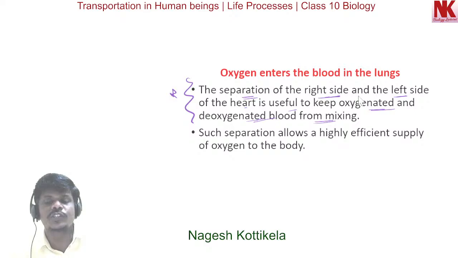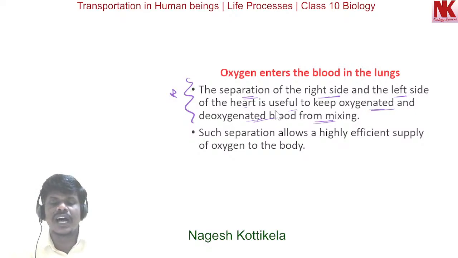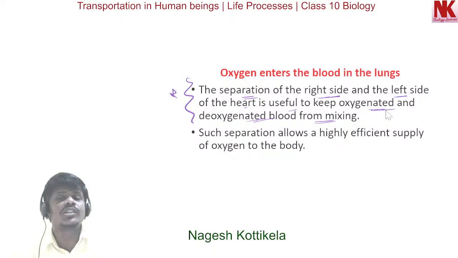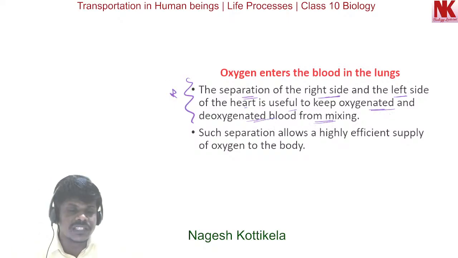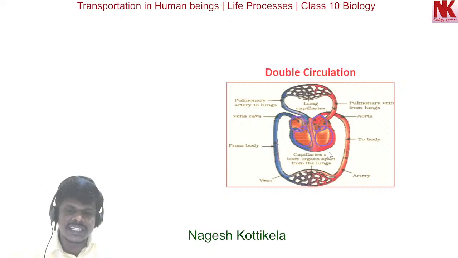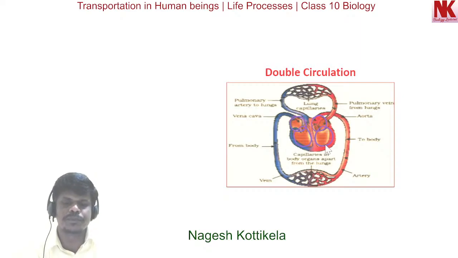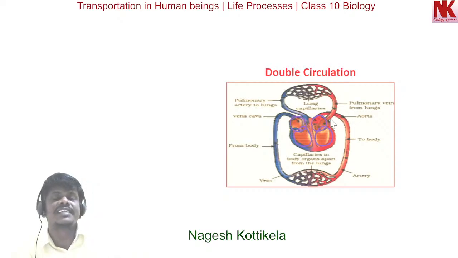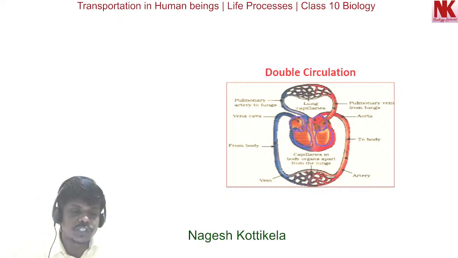Here in this picture you will understand better. Left side chambers are separated from right side chambers. There are septa, the wall-like structures. This is how the left side and right side are separated, and this is very important.